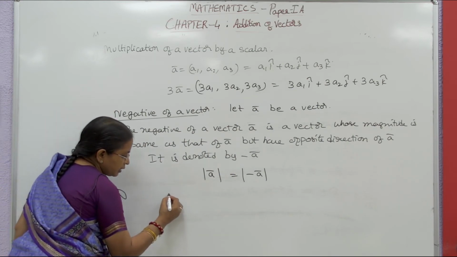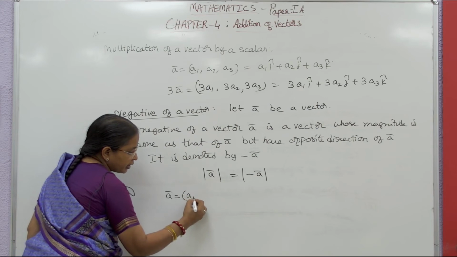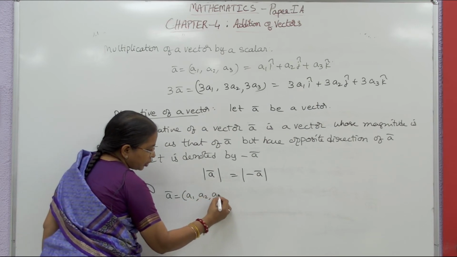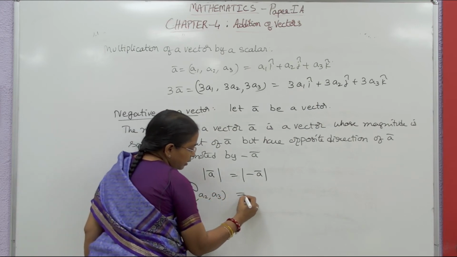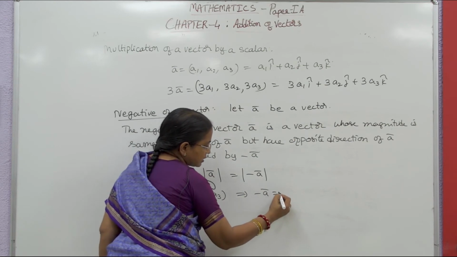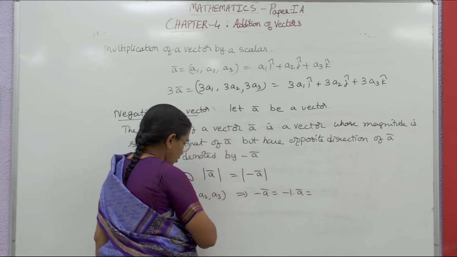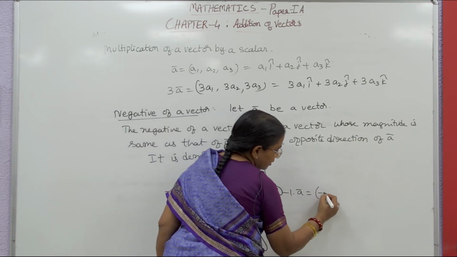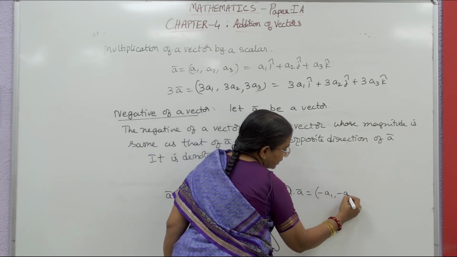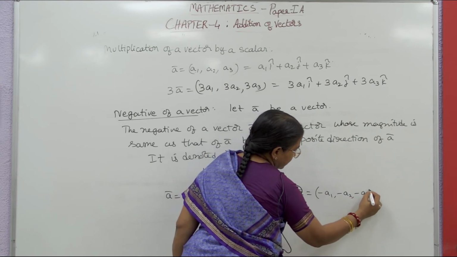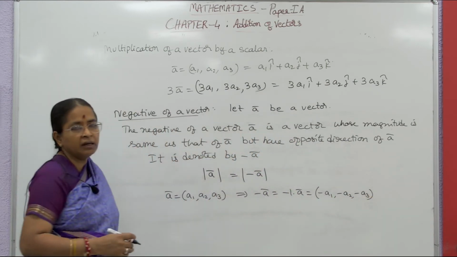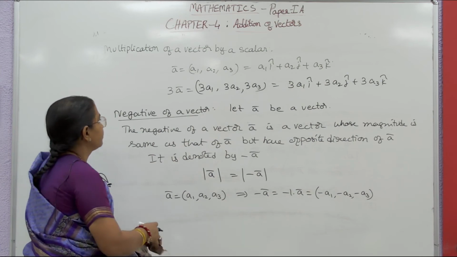Now suppose you have, in terms of an ordered triad, (a1, a2, a3). Then minus A vector is like minus 1 into A, so multiply all the elements by the minus sign: (minus a1, minus a2, minus a3). Like this we write the negative of a vector.